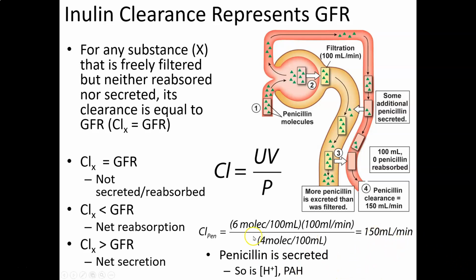So for penicillin, we'll just take some numbers, and this will be 6 molecules per 100 mLs, and the plasma was 4 molecules per 100 mLs, and the production rate we had is still 100, even though it's excessively high. So we get 6 times 100 is 600, divided by 4 is 150 mils per minute. Since the clearance of penicillin is greater than GFR, 150 is greater than 125, it tells us penicillin is secreted.